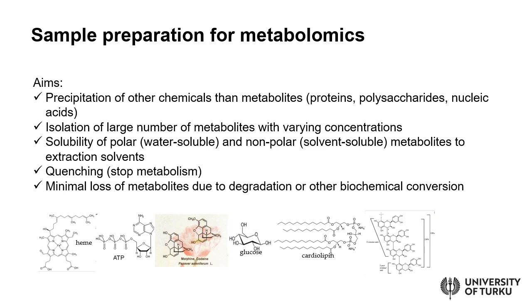And also those various different chemical structures can be present in the sample at very different levels. So the concentration levels can differ by several orders of magnitude, and that is an inherent point to take into account in sample preparation for metabolomics analysis and in general the whole analysis.